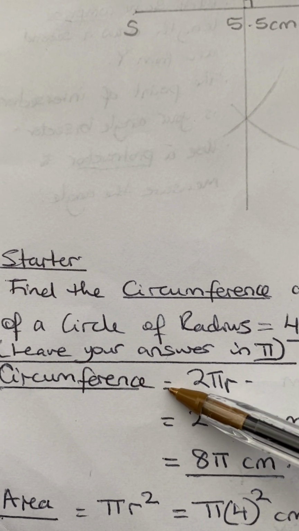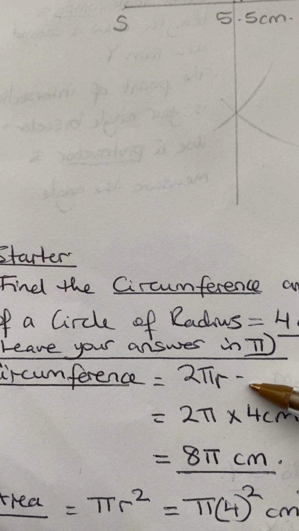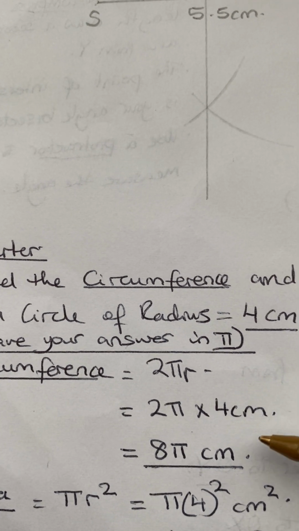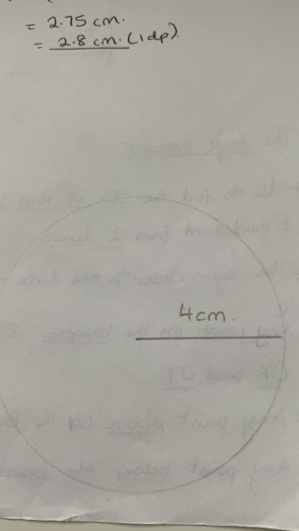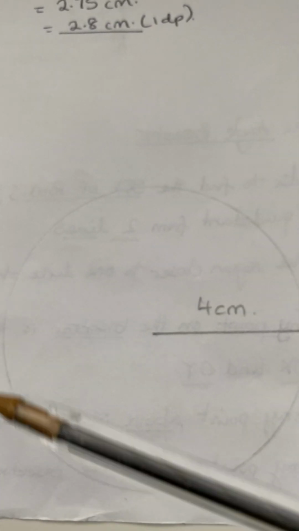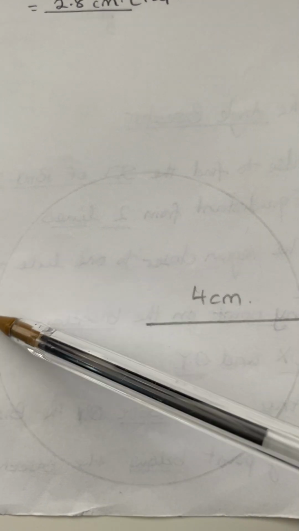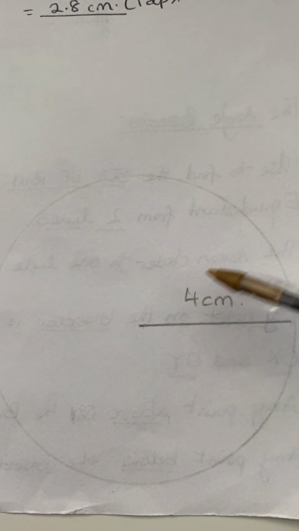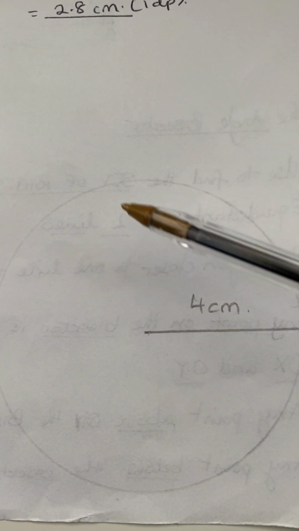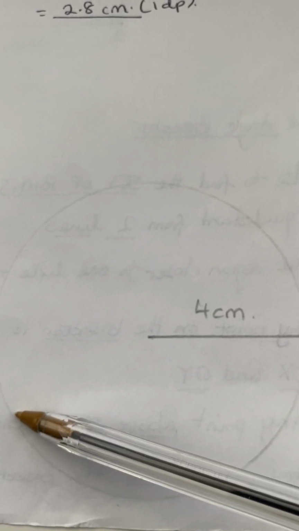You were not given the diagram, I just drew it. The circumference is your distance all around the circle. Your area is all the area within the circle.